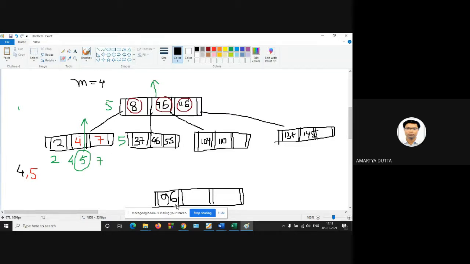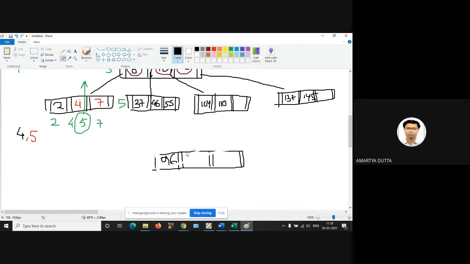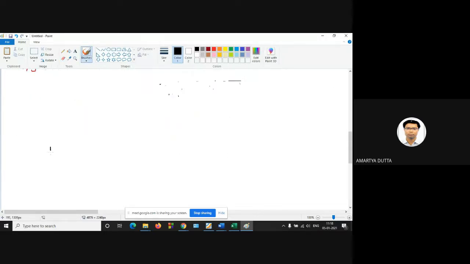As the tree grows in the upward direction, you have to first write the leaf. Otherwise, you can't construct the tree. First of all, 2 and 4 will be there.